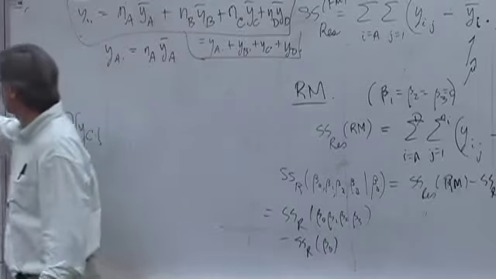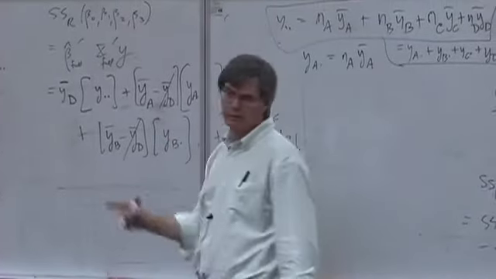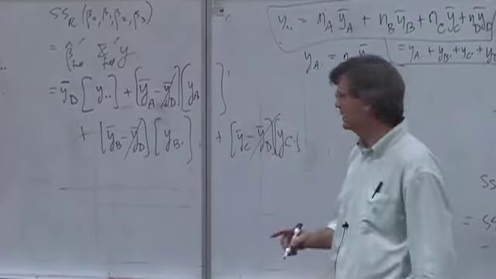So this term cancels these terms, and then there's one term left over, namely the y_D bar times y_D dot.